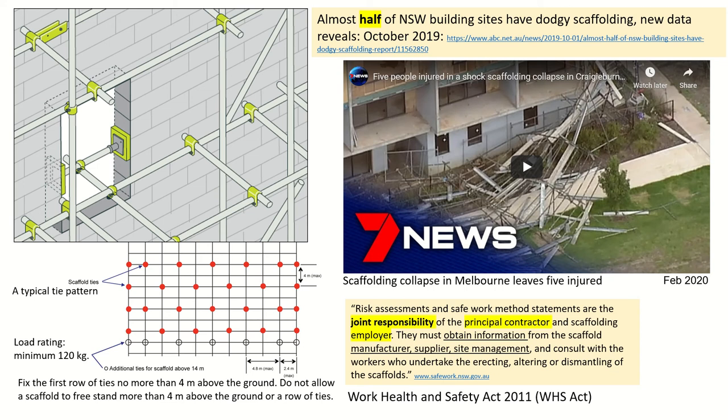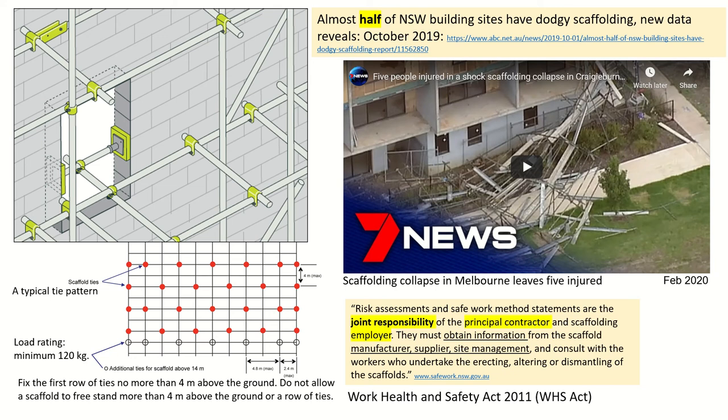This is a little bit shocking news, because it shows that there are some issues with this kind of scaffolding, and we have risks related to it as well.